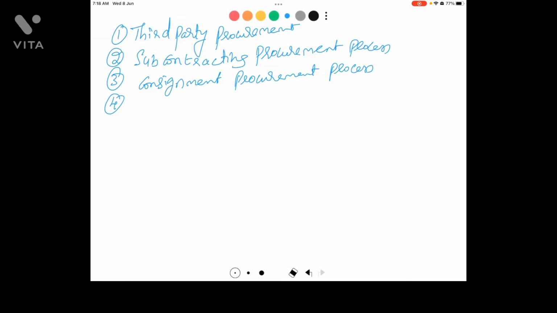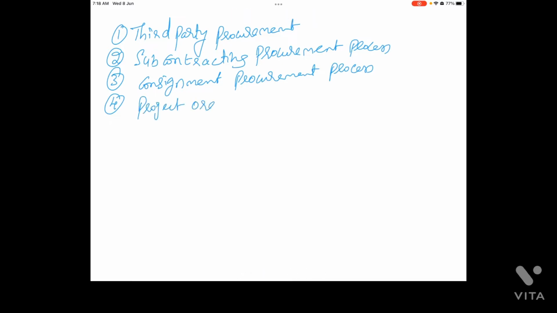And we have other ones, like project order stock procurement, and sales order stock procurement.